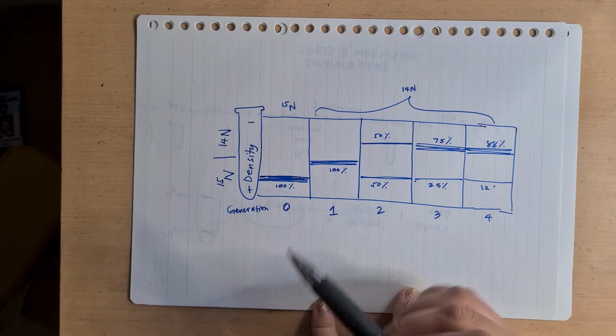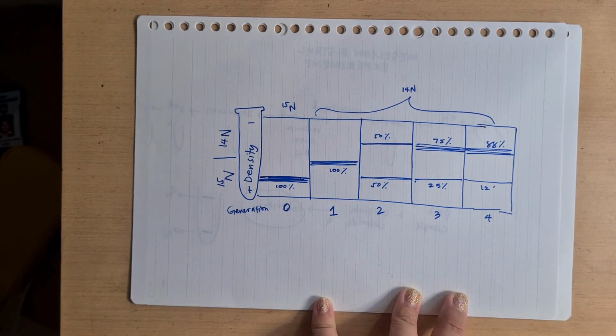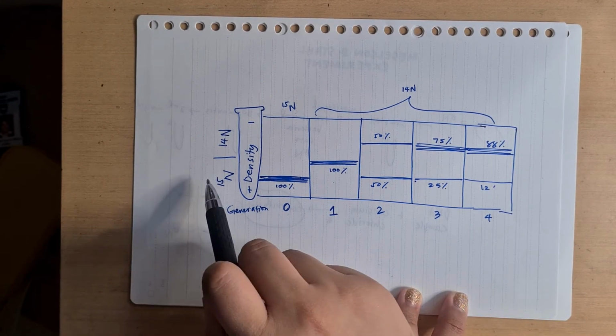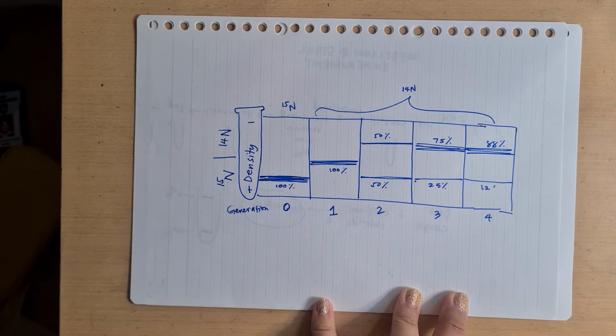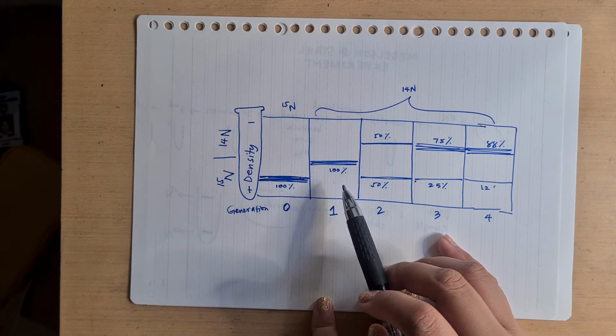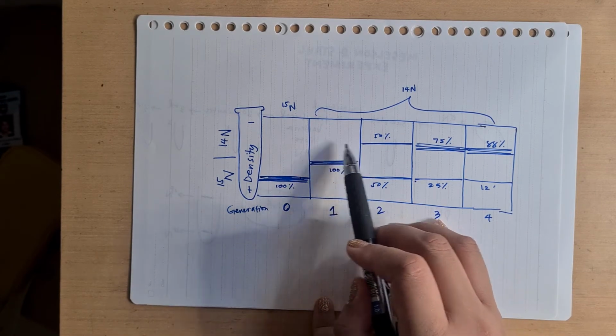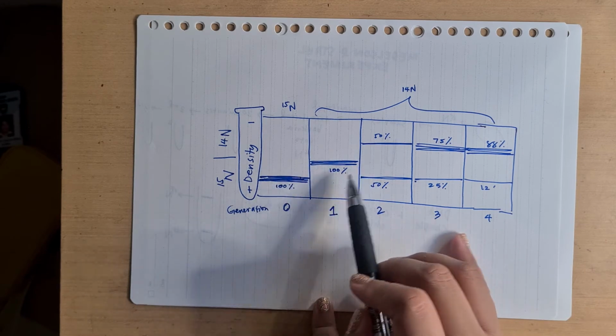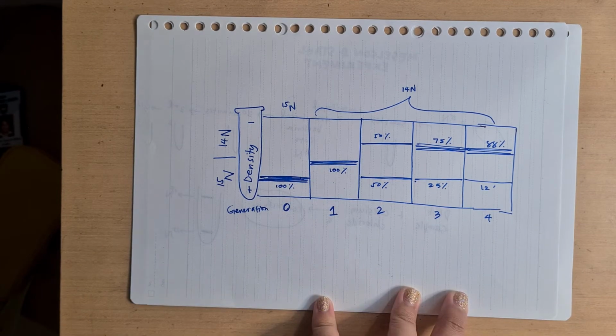Since it's a hybrid of N15 and N14, this fits the dispersive and the semi-conservative models, but not the conservative model. If it agreed with the conservative model, there should be two separate bands in this generation.